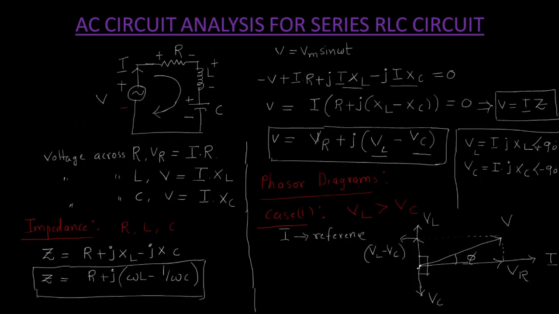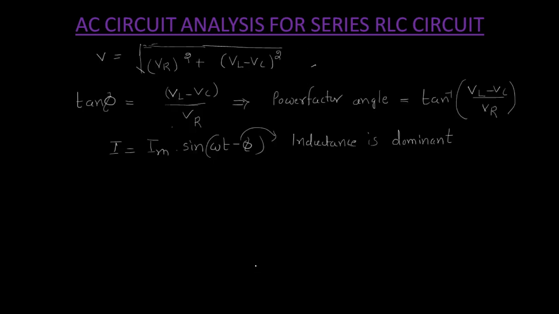Look at the phasor diagram. The voltage leads the current, which is possible only in an inductor. In an inductance, the current always lags. This is the supply voltage, this is the supply current. That's why inductance is dominant.